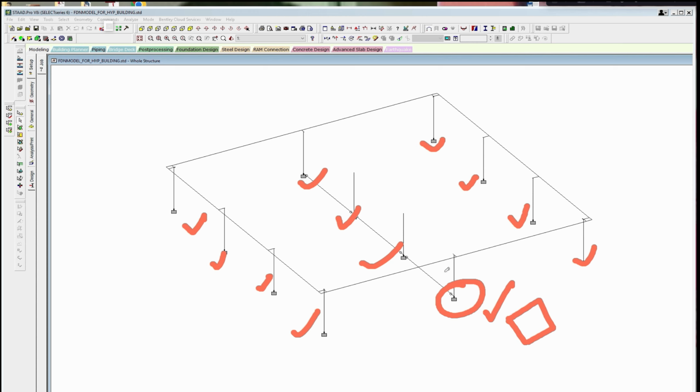Here mostly the axial load will be critical, and the moment in the footing will be just because of the horizontal forces transferred from the shear of the steel column. For these columns there will be additional moment, in addition to the moment transferred by the steel column above, because of this horizontal force.